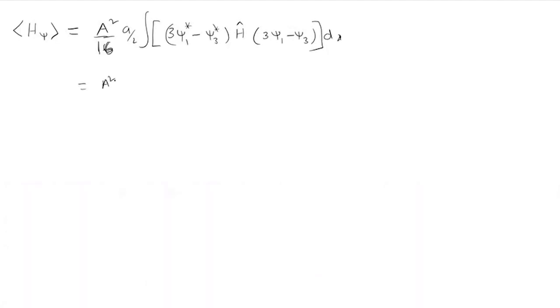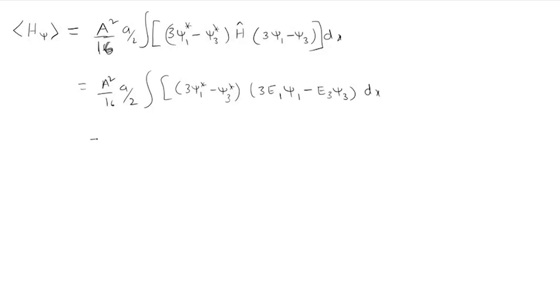So a square over 16, a over 2. Only the things that survive are 3 times 3, which is 9. Let me write one more step, then it will be good. When H acts on each one, you get 3 E1 psi 1 minus E3 psi 3, dx.